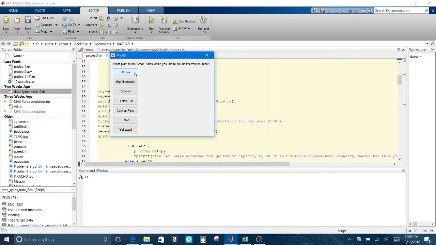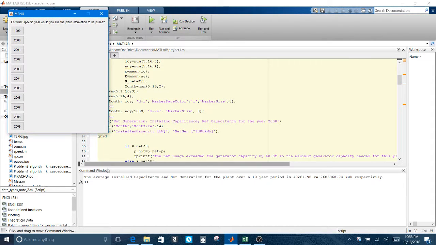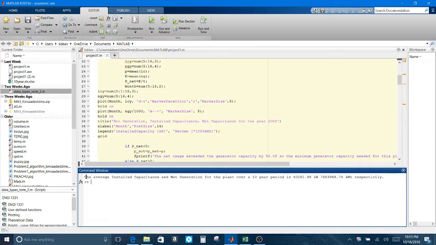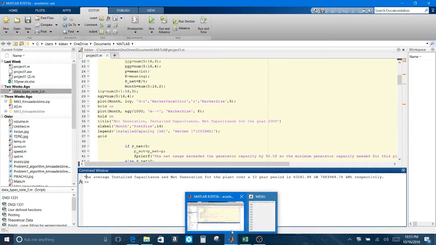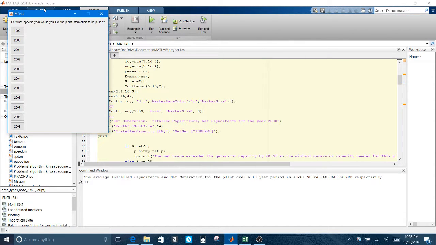So let's choose Alcova. And if you look down here, the average installed capacity and generation for the plant over a 10-year period was 40,261 by 7,683,968 kilowatts respectively. So let's pull up our menu and pick a year and see what comes up.